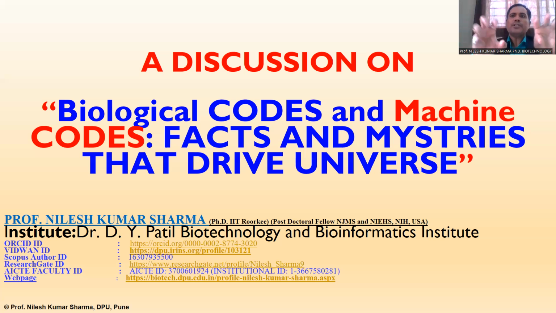Whether these codes are actually driving the whole universe or the earth, that is an interesting and unanswered question. And today I will define what can be interpreted as code that is relevant for both biological and machine systems.